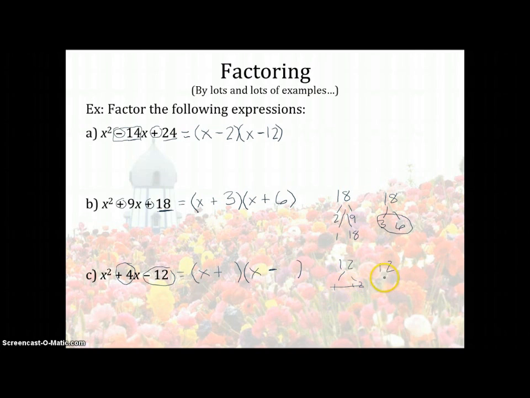So what about 12 is 2 times 6? Well, if we add 2 to negative 6, that's going to get us negative 4. But what if we add negative 2 to positive 6? Then we'll actually have our 4. So here we want positive 6 and negative 2 as our answers.